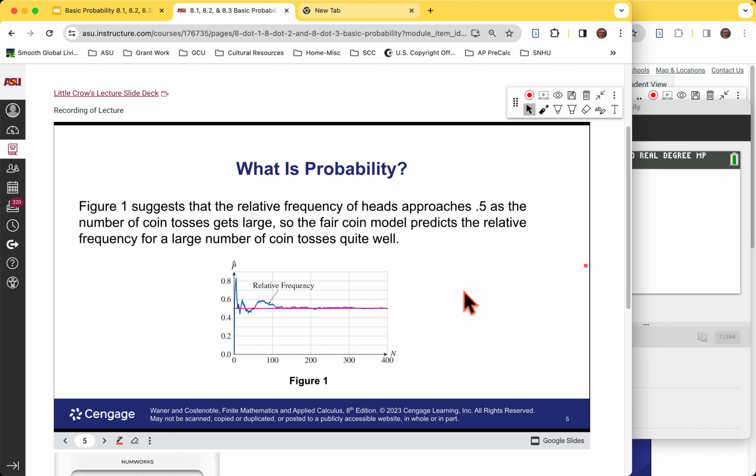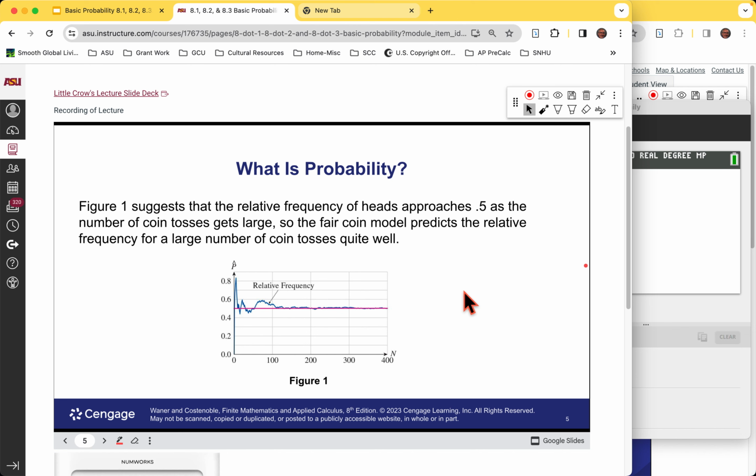The idea with probability is that those are theoretical probabilities, but if we flip a coin, say 10 times, is it possible that they're all heads? It's possible because probability is a likelihood. It's not a guarantee, it's a chance. So we have a chance to get 10 heads in a row.